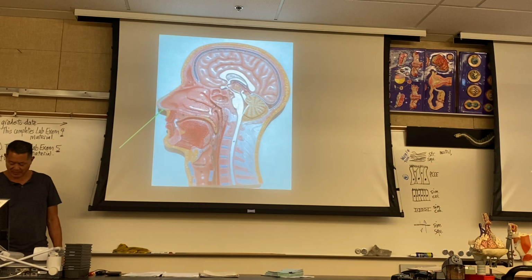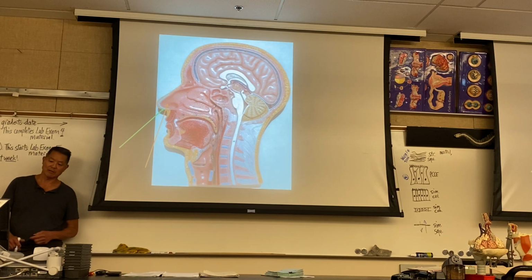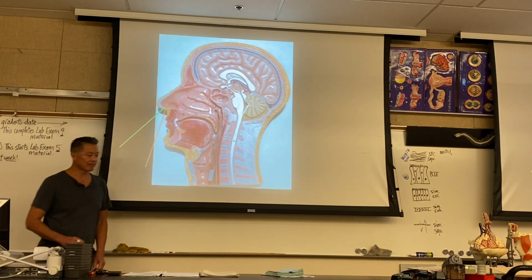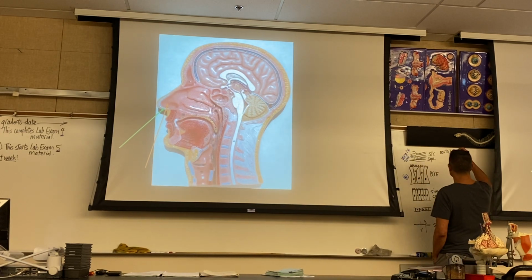Then, for about as far as you can stick your finger, it transitions into non-keratinized stratified squamous, but it's still wear and tear, and that's in the nasal vestibule. That's the orange arrow. So for the first part of this tracing, the color arrows are the same. Green will be nostril, orange will be nasal vestibule. Both have stratified squamous. You have to have wear and tear tissue because you guys love to pick your nose.